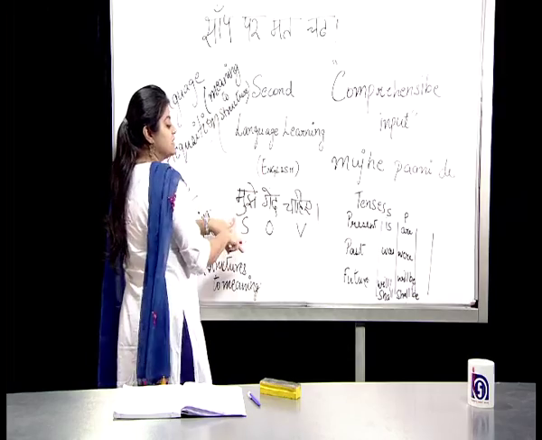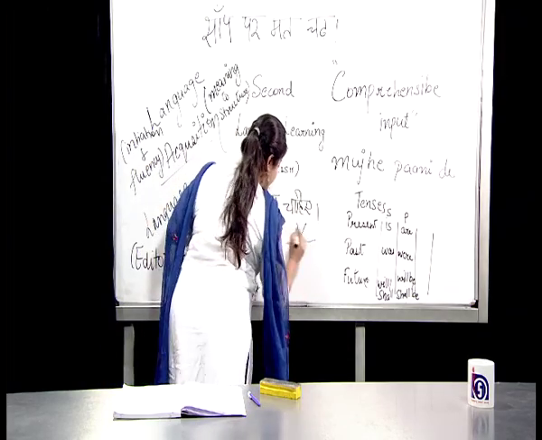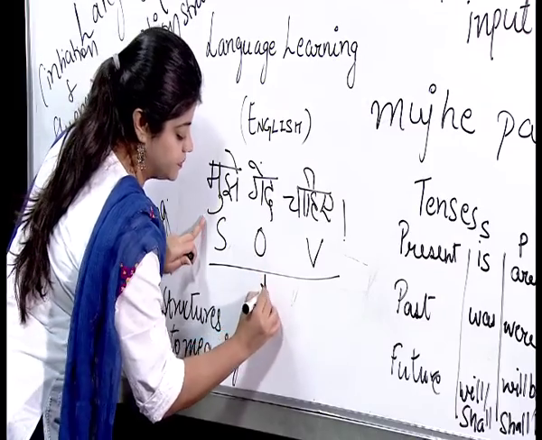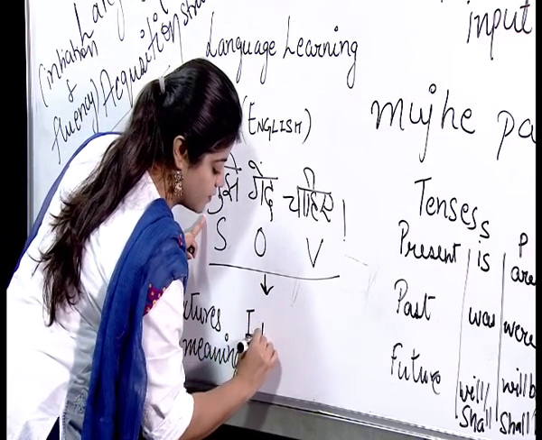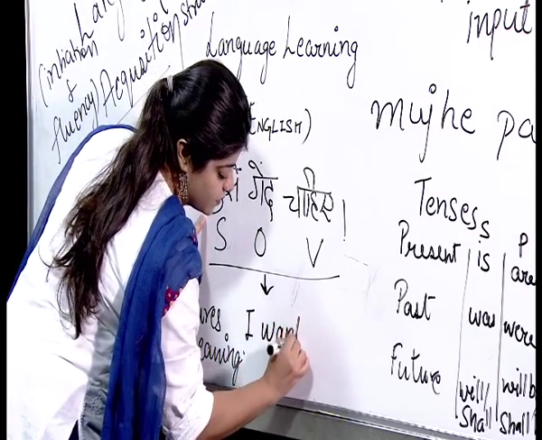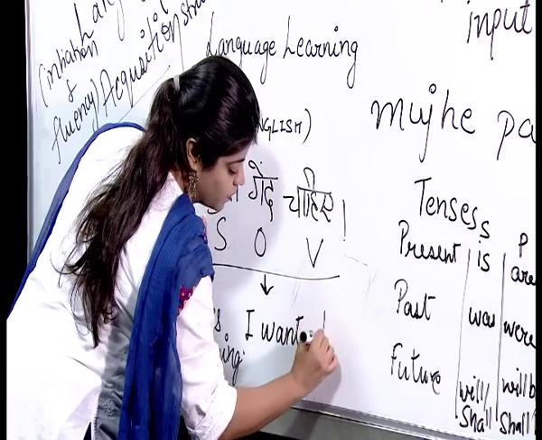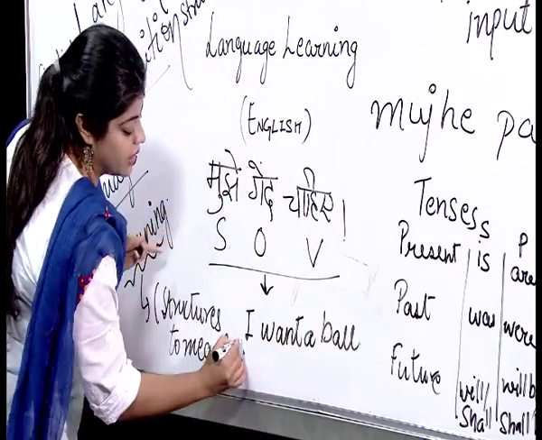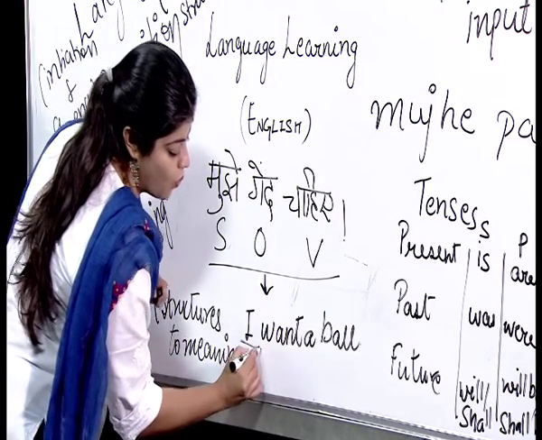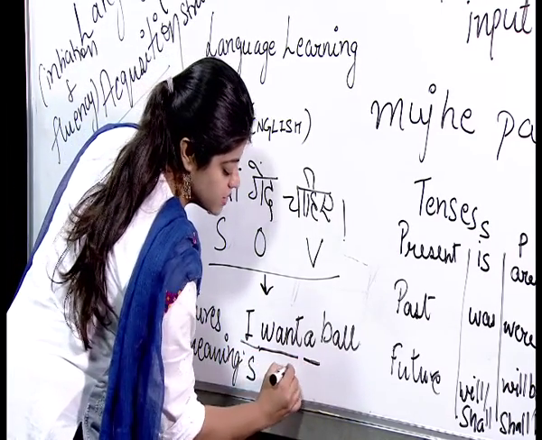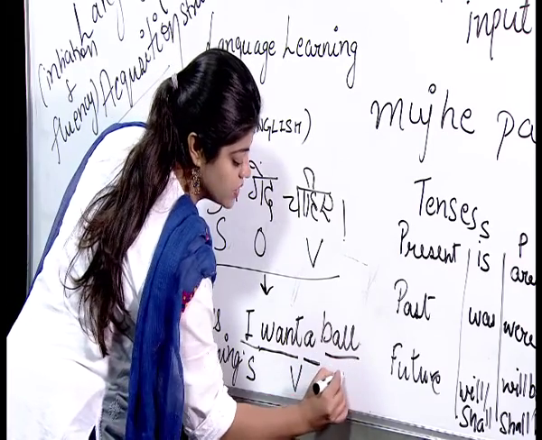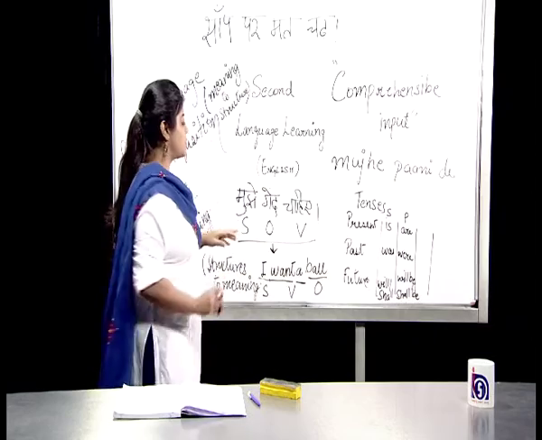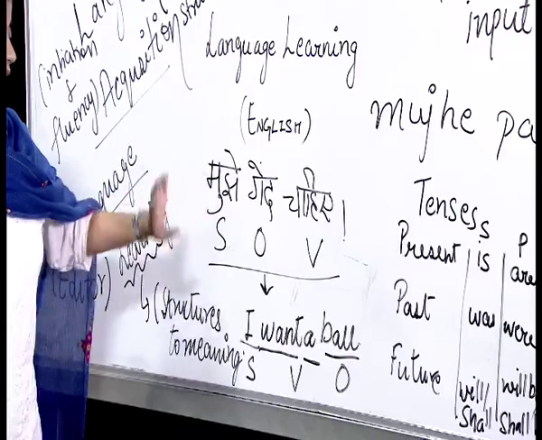When we translate this sentence into English, the translation becomes "I want a ball." Here it is subject, "want a" is a verb phrase, and ball is the object. So there is a difference between the structure of Hindi and English.